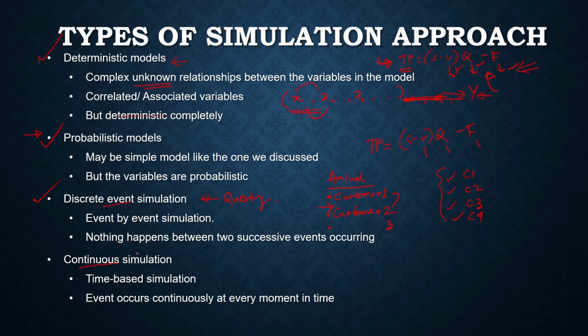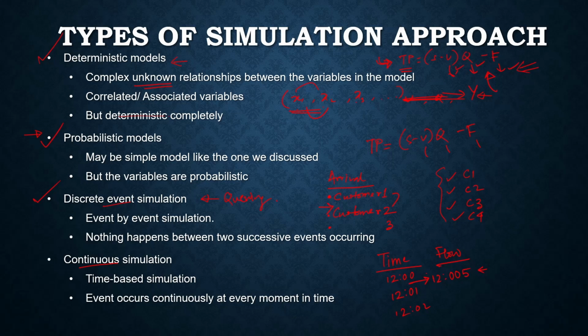And then what is the continuous simulation? Suppose you monitor the time. Suppose in 12, then 12 and 1, 12 and 2, and some flow is happening. Even if you take a time point in between, suppose 12:005, in that time point also some flow is happening.